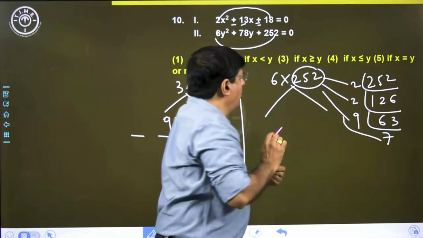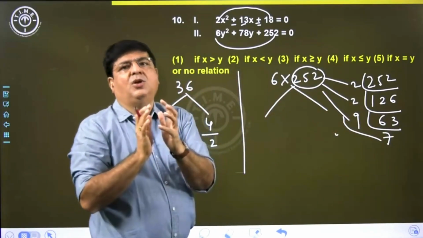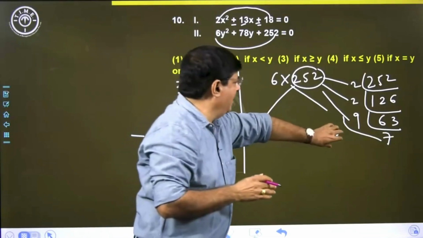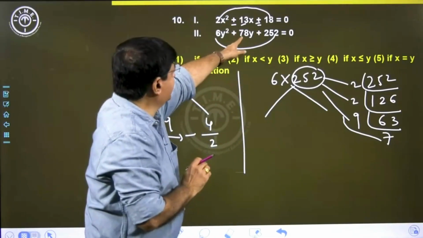Now from all these things, which are those combinations of numbers when we multiply them and add two such numbers, we get 78.